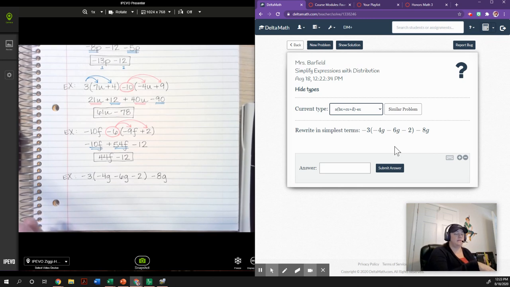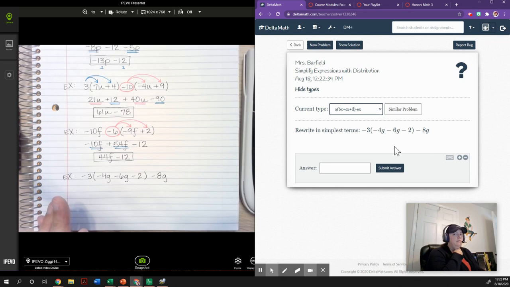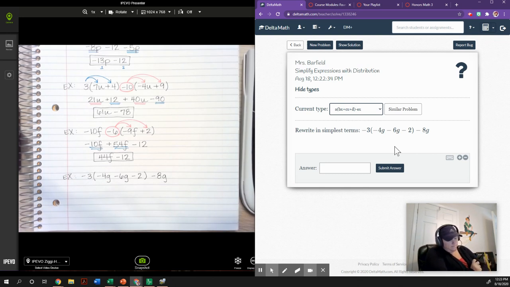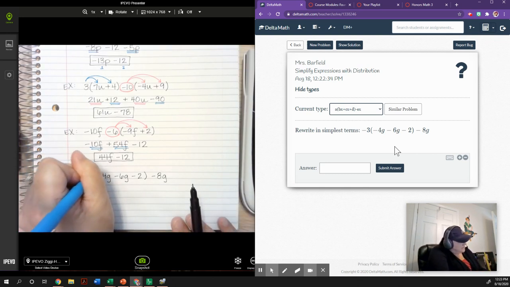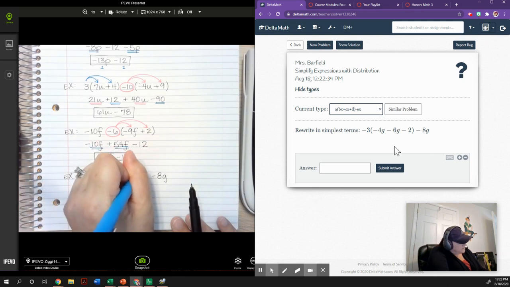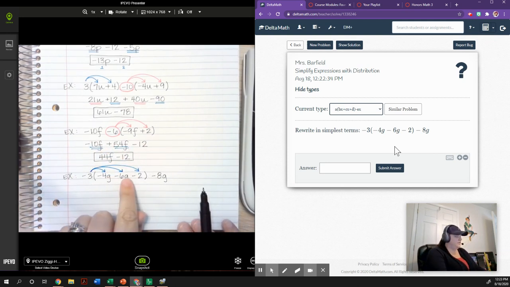So I'm going to do the same thing. And if you realize what the other approach is and you want to email me and say, hey, is it okay if I do that? I'll confirm that. All right, so negative 3 needs to be distributed 3 times, because there are 3 terms inside the parentheses.